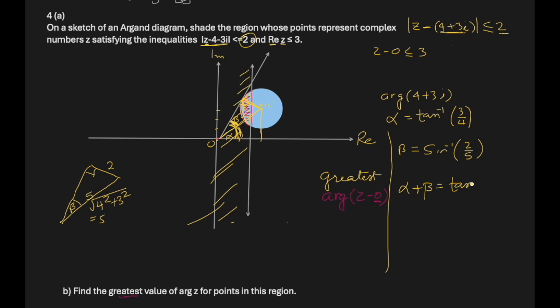Tan inverse 3/4 plus sine inverse 2/5 comes out to be 1.0550 radians. So 3 significant figures will be 1.05 radians.